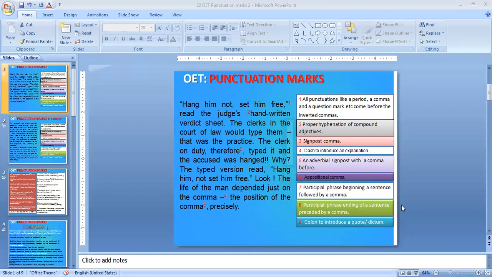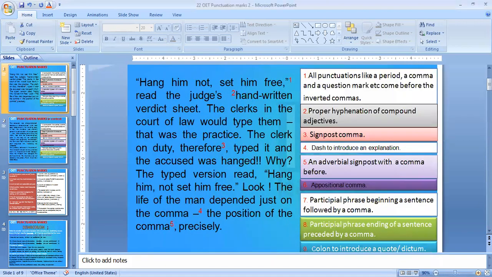This story will appear soon, don't worry. Yeah, punctuation marks in OET. And the story is displayed there. Who will volunteer to read? Somebody can read it.